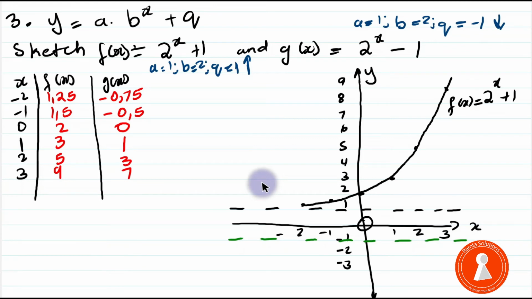So -2 would be -0,75, which is here. Minus a half is here, and then 0 and 0. Then 1 and 1 is here. 2 and 3 is here. And then 3 and 7 is here.